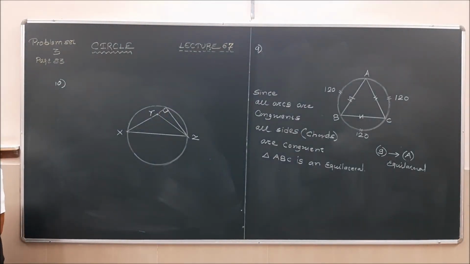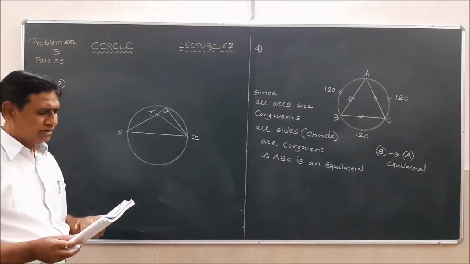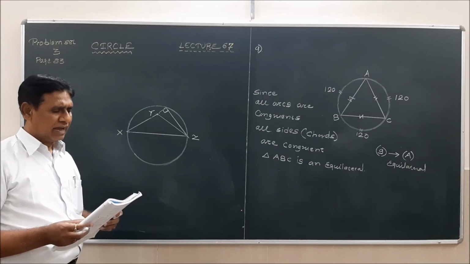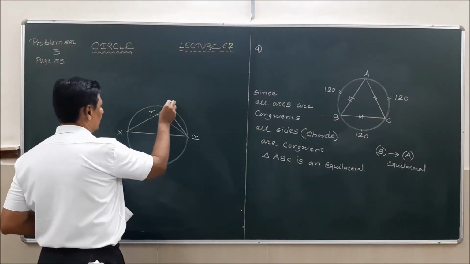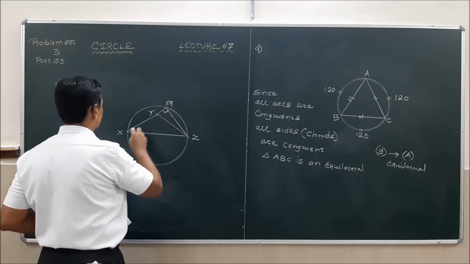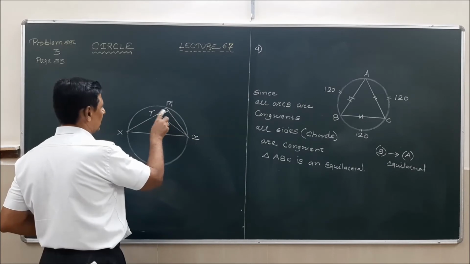Now see the possibilities. It is not possible that XYZ is an acute angle. Yes, this is greater than this one because you will find for triangle XMZ this is 90.